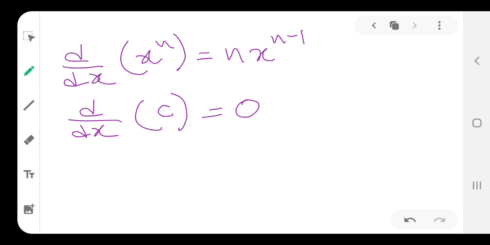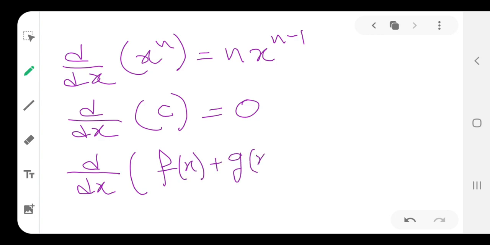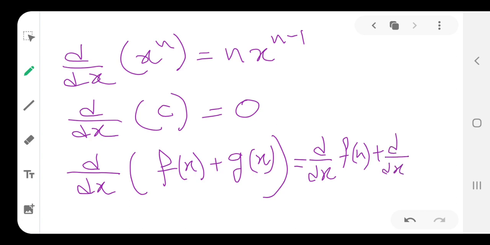Okay, d/dx of two functions of x, say one is f(x) and another one is g(x). Let's say f(x) is 2x plus 1, g(x) is say x cube. So in both cases we can write it separately and do the differentiation separately. Okay, no problem in that. So this little note you keep in mind.